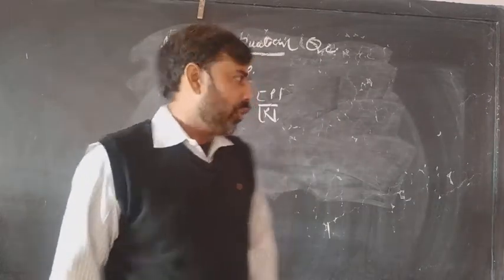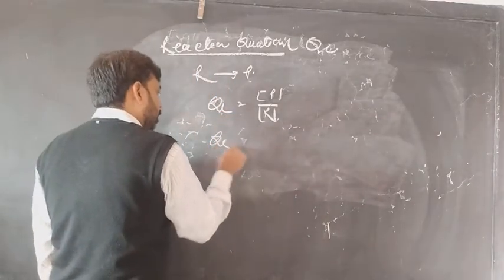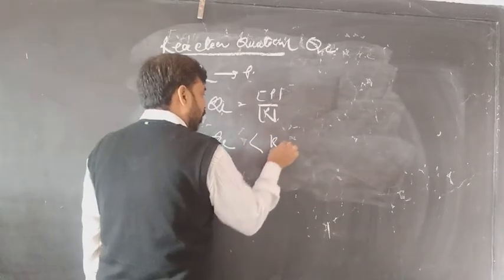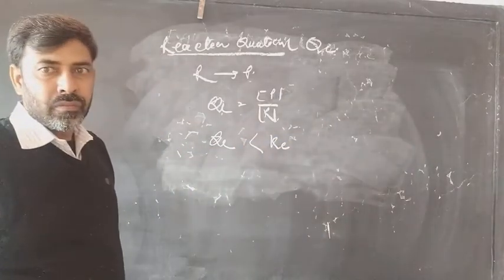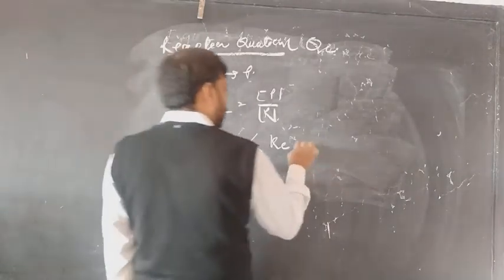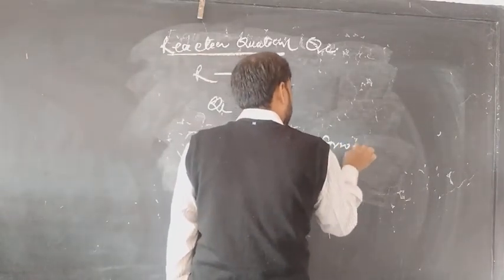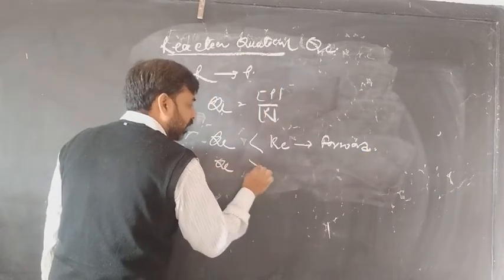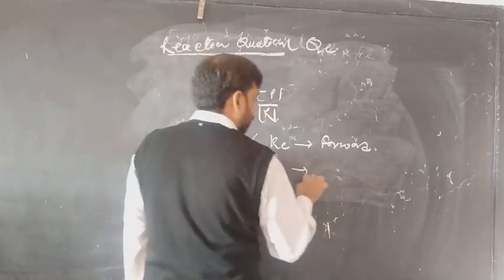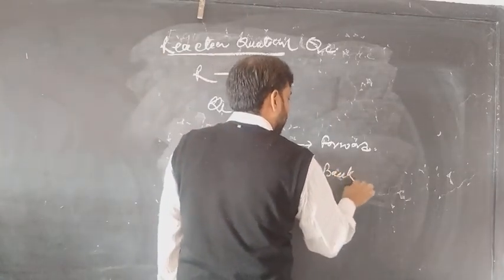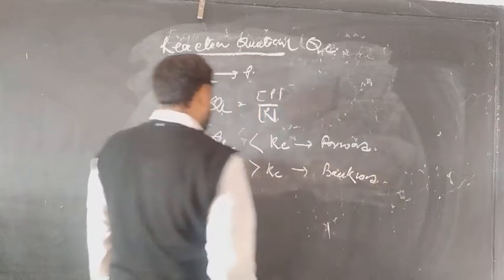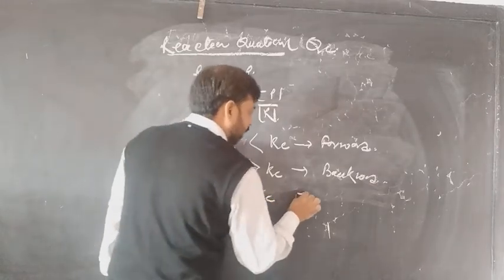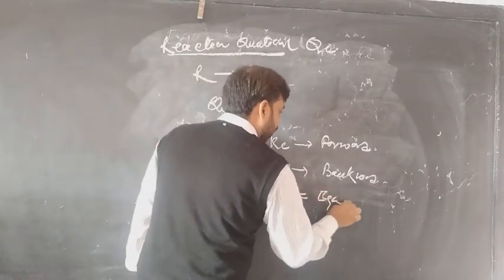So if the value of Qc, the quotient, is lesser than the value of Kc, then the reaction will move in the forward direction. But if the value of Qc is greater than Kc, the reaction will move in the backward direction. And in the case of Qc equal to Kc, the reaction will remain at equilibrium.